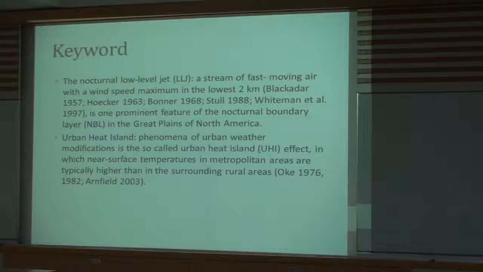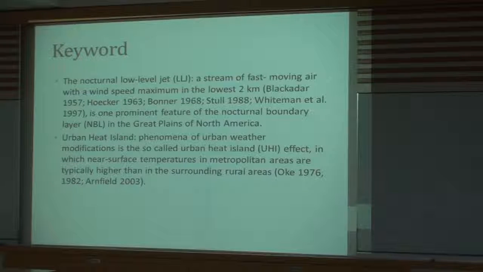There are two keywords here. The first keyword is the natural low-level jet, a stream of fast-moving air with a wind speed maximum in the lowest 2 kilometers. It is one of the prominent features of the natural boundary layer in the Great Plains of North America.